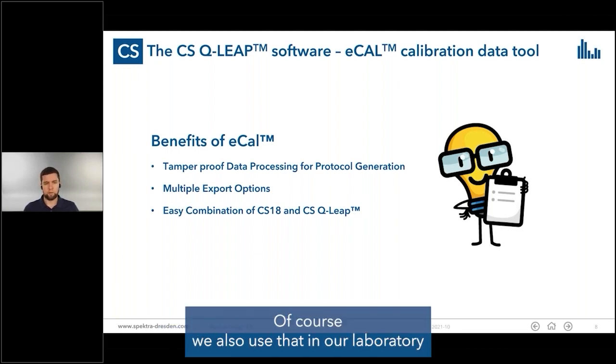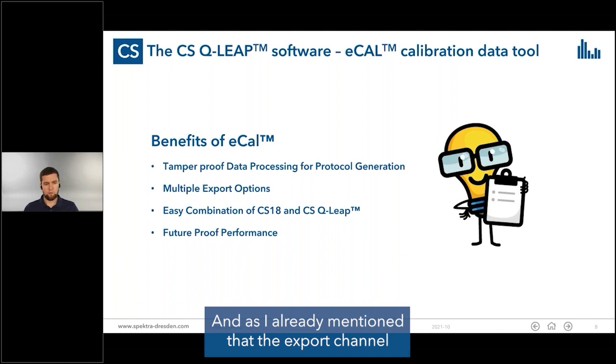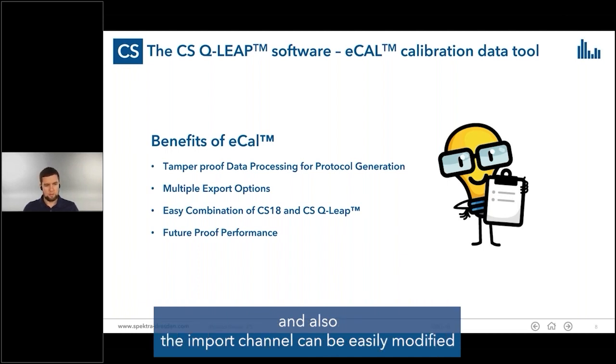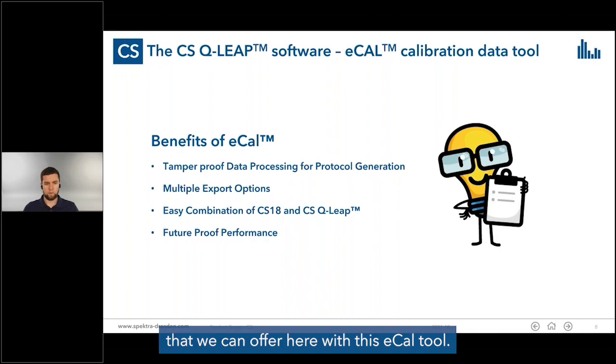Of course, we also use that in our laboratory itself as well. And as I already mentioned, the export channel and also the import channel can be easily modified. We have a future-proof performance that we can offer here with this eCal.